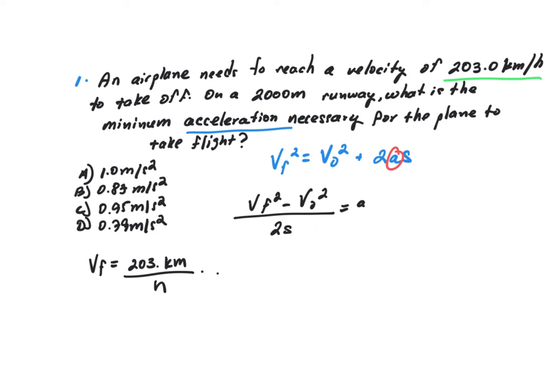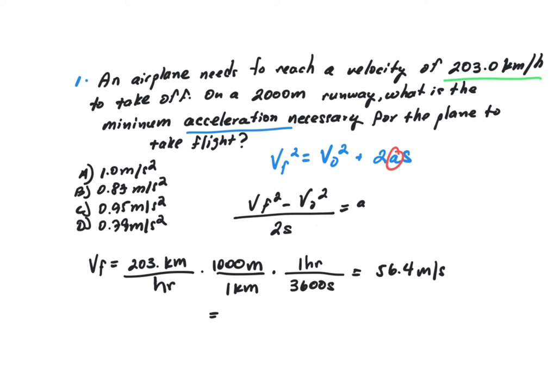Just do your basic conversion: 1 kilometer is 1,000 meters, and every 1 hour is 3,600 seconds. Once you do this calculation, you should be getting 56.4 meters per second.